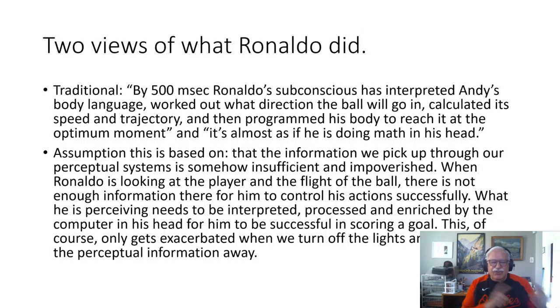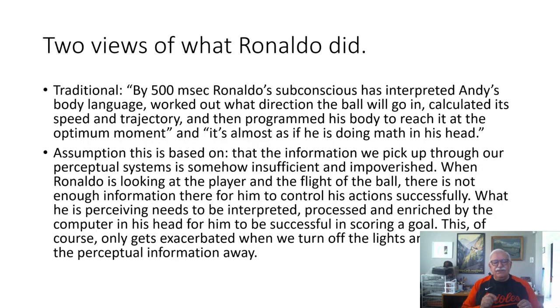But so the traditional view is that by 500 milliseconds, Ronaldo's subconscious has interpreted Andy's body language, worked out what direction the ball's going to go in, calculated his speed. You get it. And it's almost, she says, as if he's doing maths. I love the British approach to that in his head.